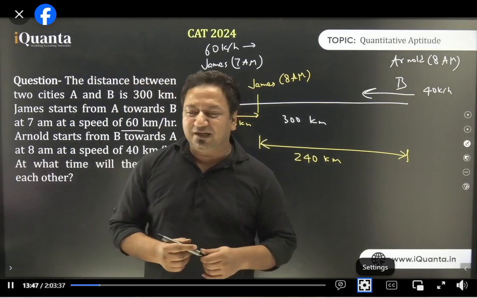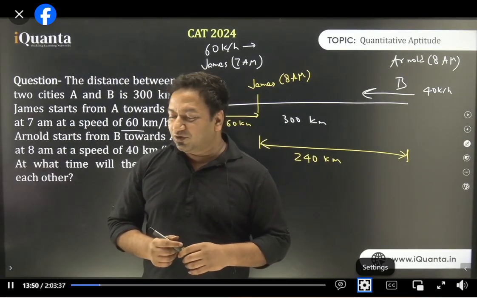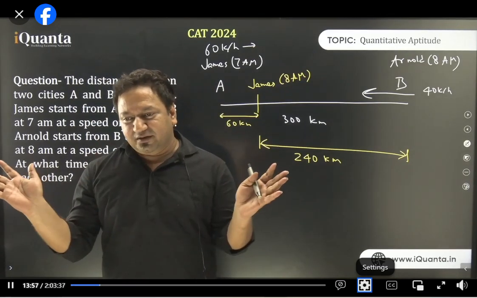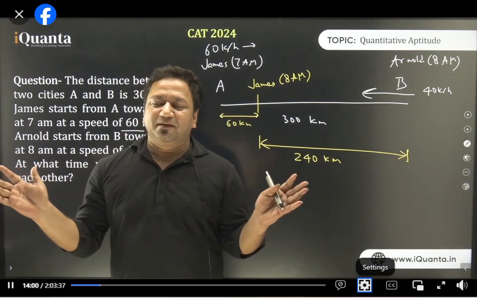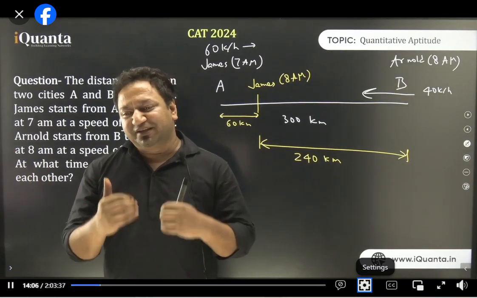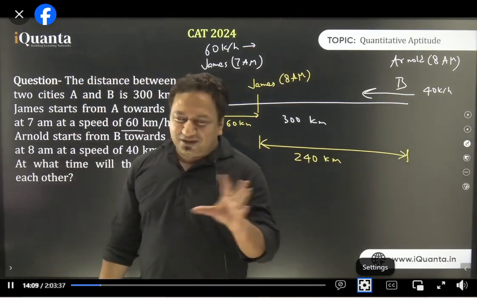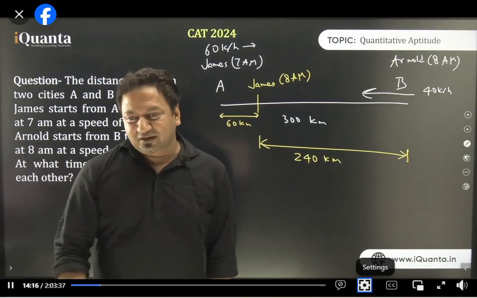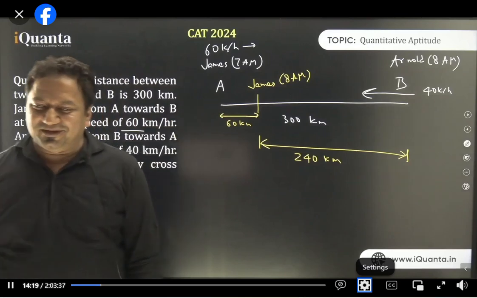Okay, there's a philosophical thing about this. If two people want to walk away from each other, they'll be moving in different directions, right? At the very same time, when two people are walking towards each other, then also they are moving in opposite directions. Such a beautiful philosophy and irony at the same time, isn't it? Moving away is opposite, coming close is also opposite, right?